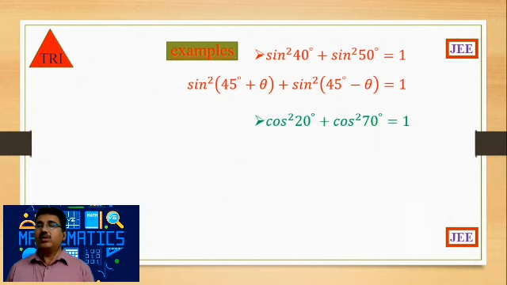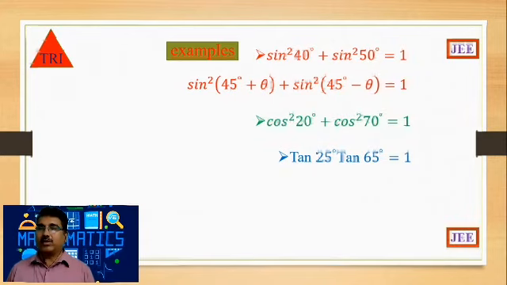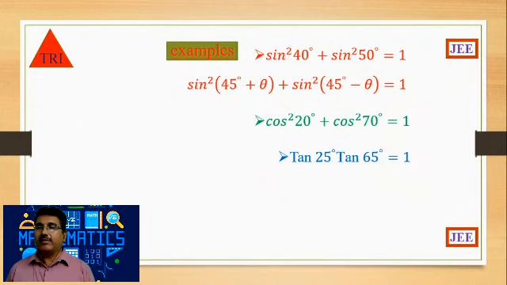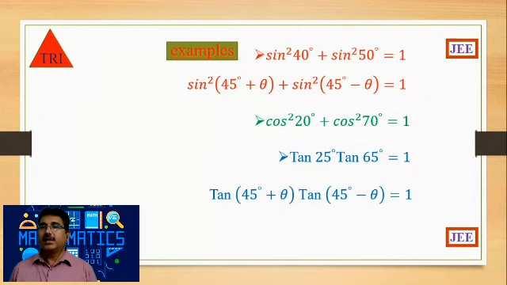Now, what is the value of tan 25 degrees into tan 65 degrees? Here A plus B is equal to 90 degrees, then tan A into tan B is equal to 1. Now, what is the value of tan 45 degrees plus theta into tan 45 degrees minus theta?